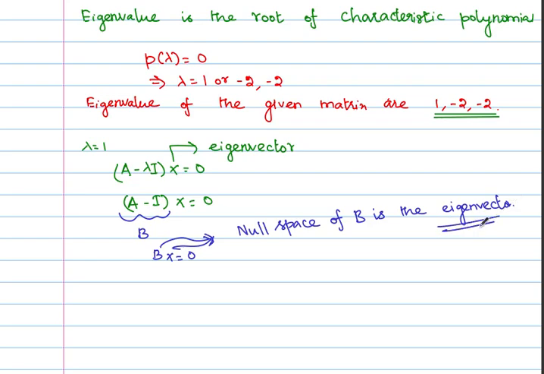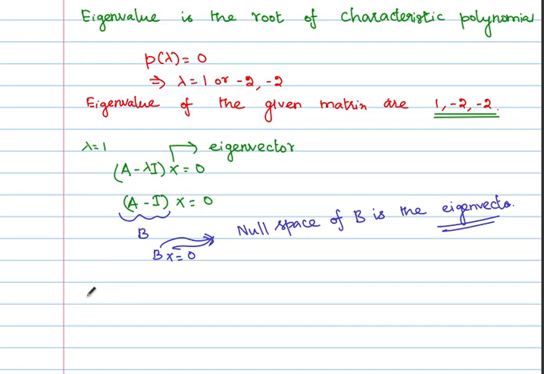So the eigenvector is nothing but: you find the eigenvalue, then you get the matrix A minus lambda I. You get one matrix. The basis of that matrix's null space is your eigenvector.